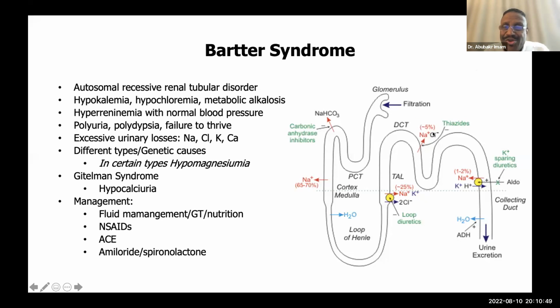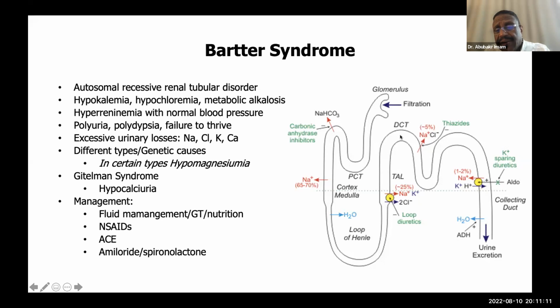So a defect in the thiazide area results in Gitelman syndrome. The clinical presentation of Gitelman is usually later in life. Those who have Bartter syndrome tend to have it more excessively, around 25% here, and can present early in life.